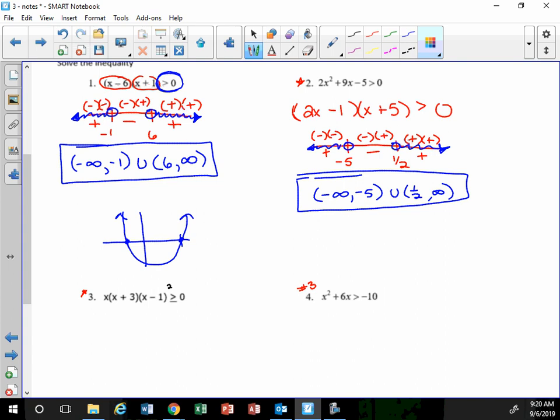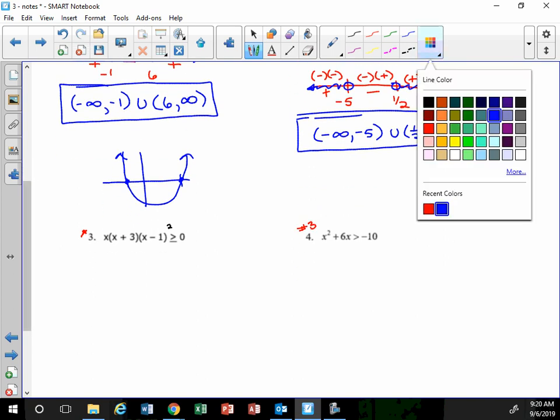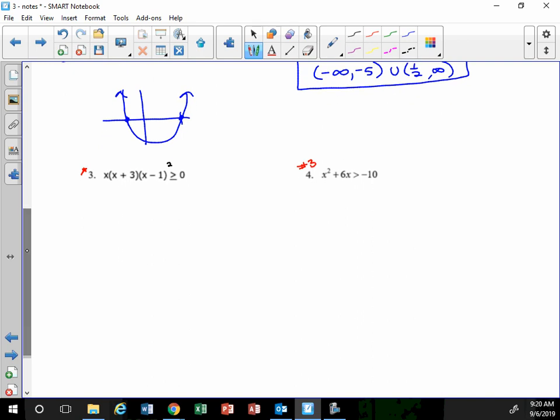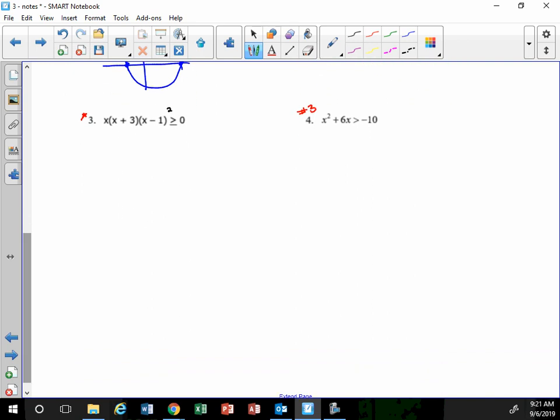Okay. Let's look at 3. What's different about 3? There's an x on the outside. So we've got an extra factor. What else is happening? Multiplicity. Yeah, we've got a lot of stuff going on here. So my number line is going to have 3 values on it because there are 3 different places where that's going to equal 0. So what are the 3 numbers? Okay. All right, you try from there. Think about what the multiplicity does. Or just test every region. There are just lots of regions.